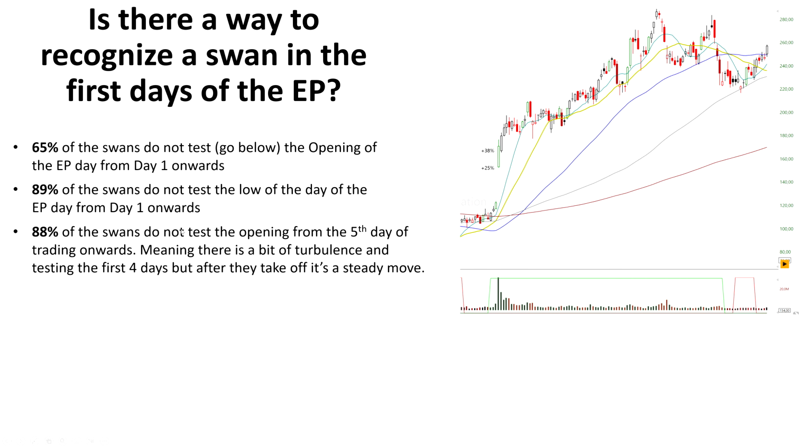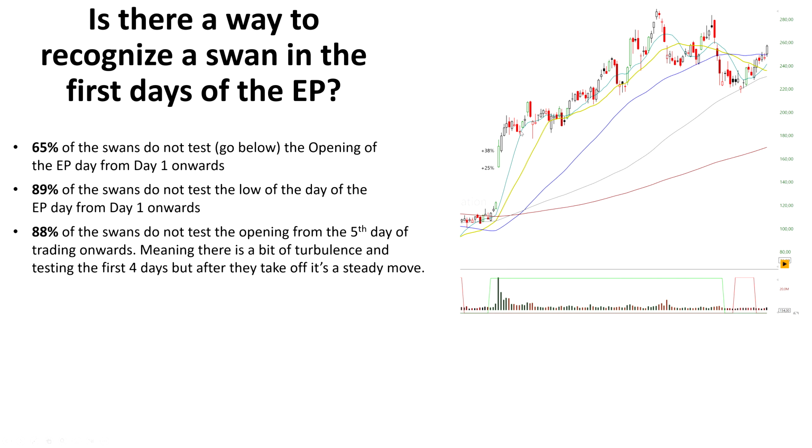What this comment means is that on days 1, 2, 3, 4, some of them come back, and if you have a small loss of 1% and it takes you out, but as soon as it goes back up you get in the position again, you survive and track it. After day 5, if this happens, then in 88% of the cases, if it's a swan, it never comes back to this area.